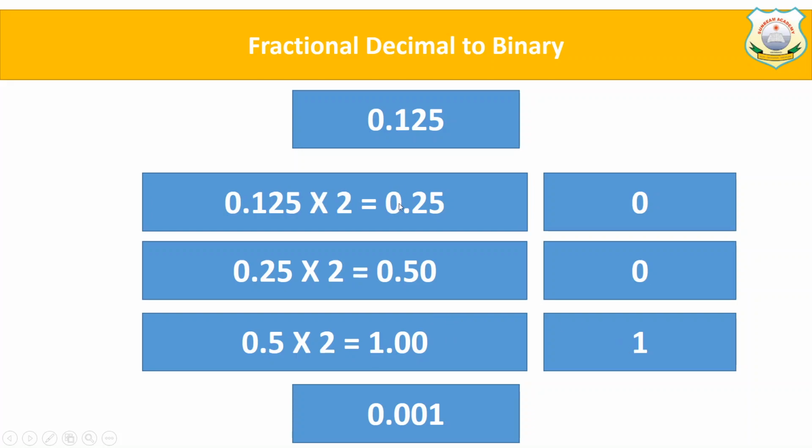So you can see from here I collected 0, from here 0, and from 0.50 into 2, I collected 1, and the next number that I have is 0, so I have to stop here. In case there is some other number over here and the series is going on, again I repeat, then you have to go till the 6th digit.